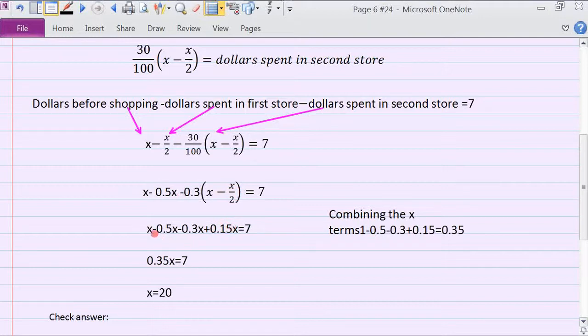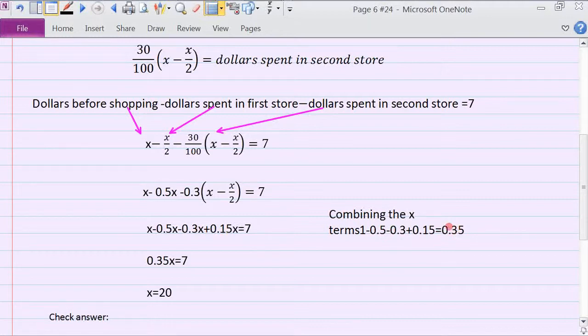0.15x. So you see that each one of these terms is a term in x on the left. And I've combined them. There's an implied 1 in front of this. Minus 0.5 right here. Minus 0.3 plus 0.15. So that's all over here.